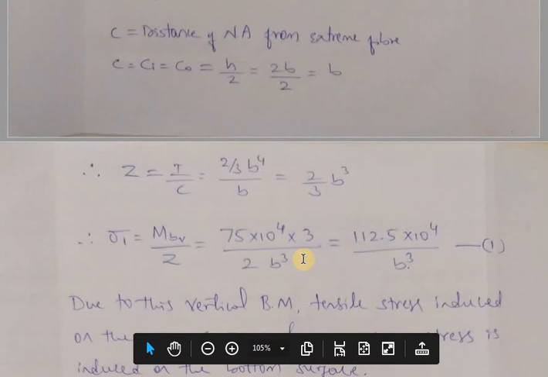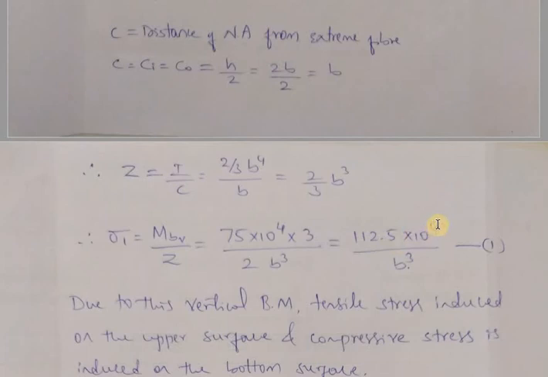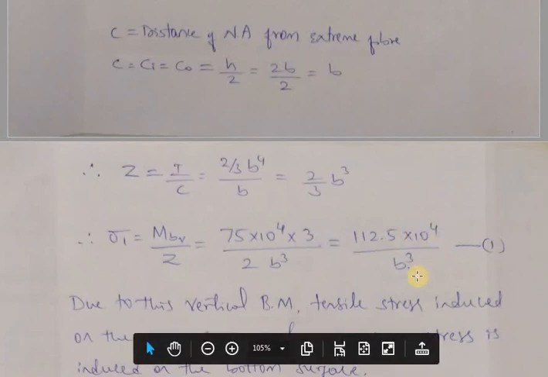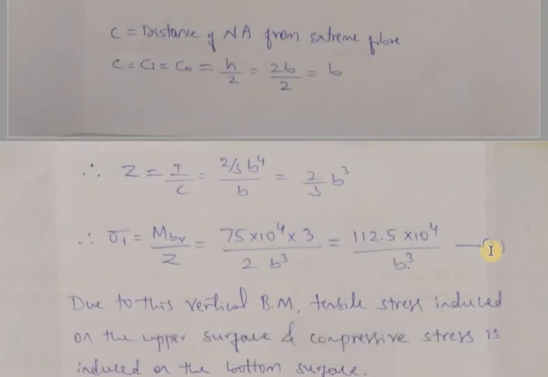So we substitute that value, 3 will go to the numerator here. We get 112.5 into 10 raised to 4 divided by b cube. Okay, write it as equation number 1.